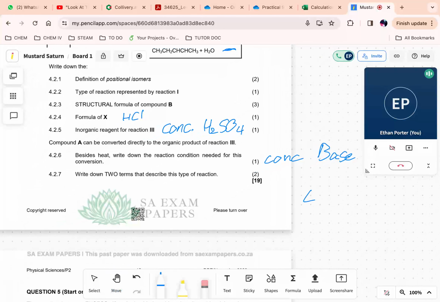So it would be correct to call it an elimination reaction. So that's one term. You could also say, just as we hydrochlorinated it in the first reaction, so the alkene reacting with acid, it was hydrochlorinated. You could say by removing the chlorine and regenerating the alkene, we are dehydrochlorinating it. So that is also correct.